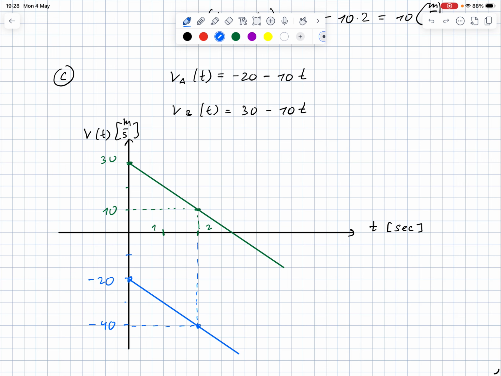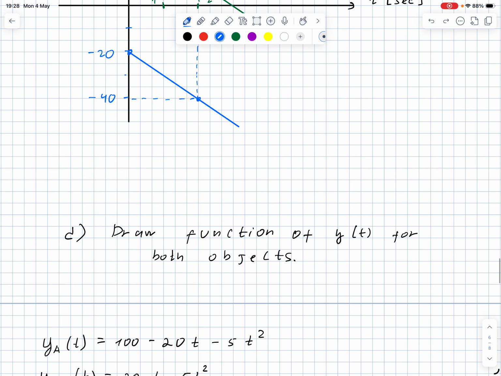And we take those 2 points and we just add the linear function. Also here, if you calculate the slope of this function, you will get that the slope is actually gravitational acceleration of minus 10 meters per second squared. And that's it.